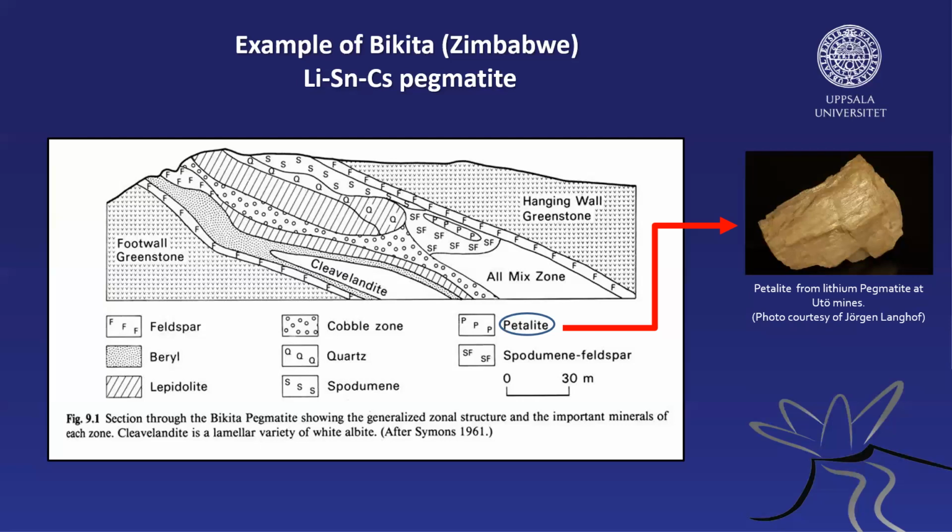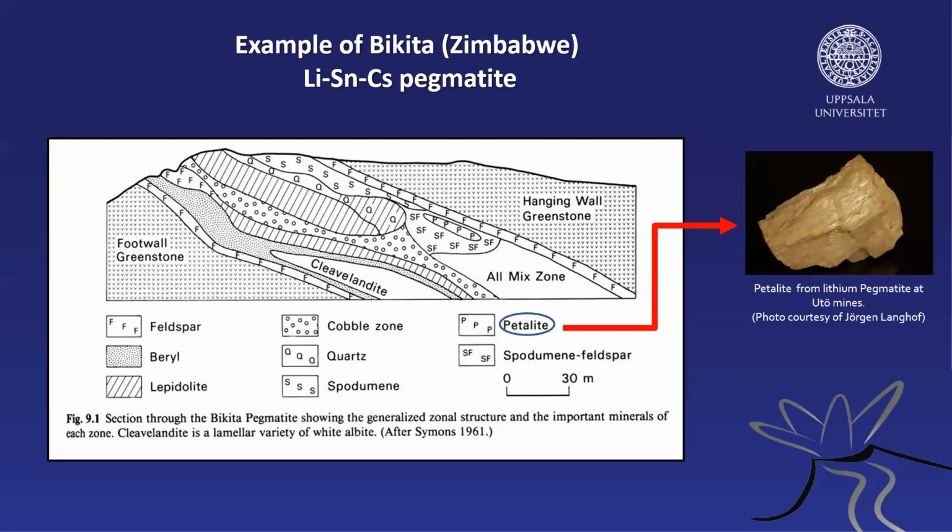For example, here you have a layer of feldspar. Then you have a layer which is beryl rich. Here you have a layer containing lepidolite. Lepidolite is a mineral that belongs to the mica family, and it's a lithium-bearing mineral.